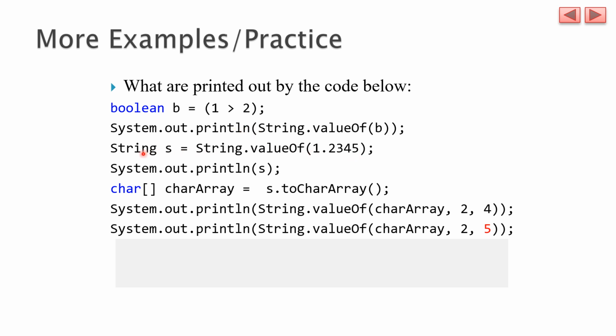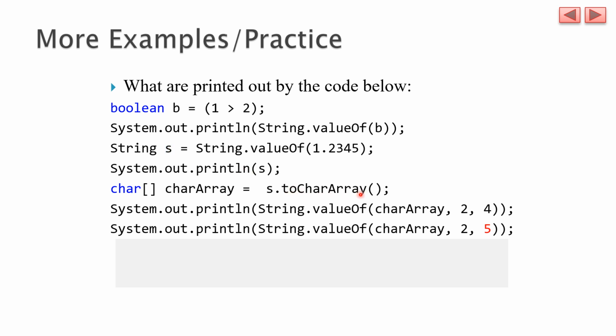The second part is to print out the string s, where s is assigned the string that is the representation of the number 1.2345. We call the valueOf method passing this number, and it returns a string value, and that string is assigned to the string variable s.